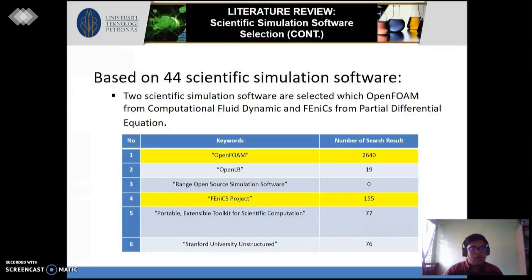As we can see here, Perform got the highest number of search results, which is 2640, and for Phoenix we got 155 search results. So based on this, Perform will represent computational fluid dynamics and Phoenix will represent partial differential equation.